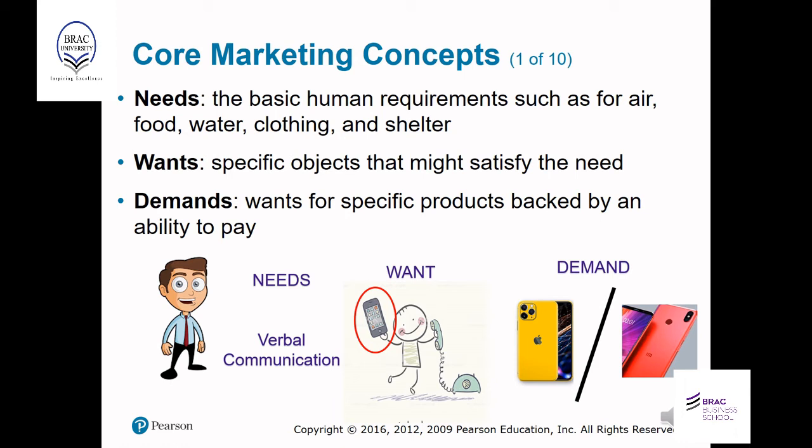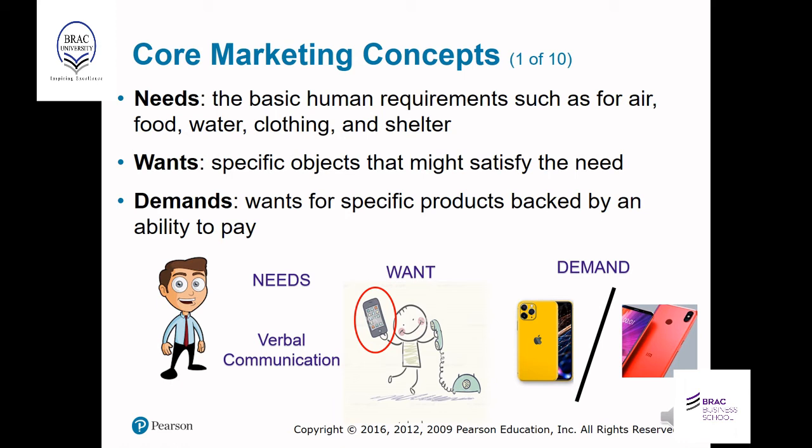Want must be shaped up by habit, practice, culture, social atmosphere and all these things. So when need is shaped up by culture, habit, and social context, then we will call it want.